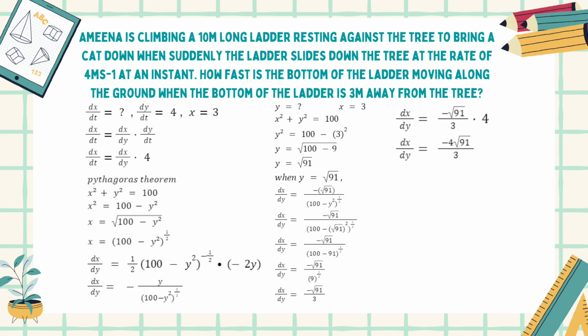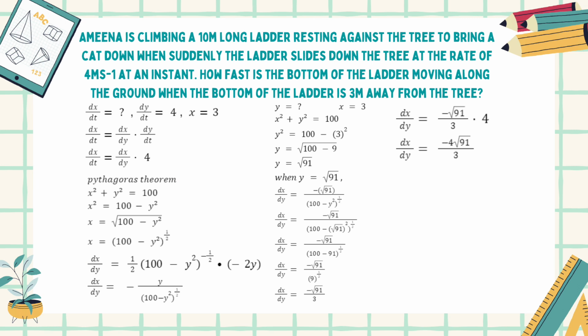Differentiate by using the chain rule, as we need to carry the power value to the front and decrease it by 1. Don't forget to differentiate the value inside the bracket. The answer for dx over dy would be negative y over (100 minus y squared) to the power of 1 over 2. So now we need to substitute the value of x into the Pythagoras theorem to find the value of y.